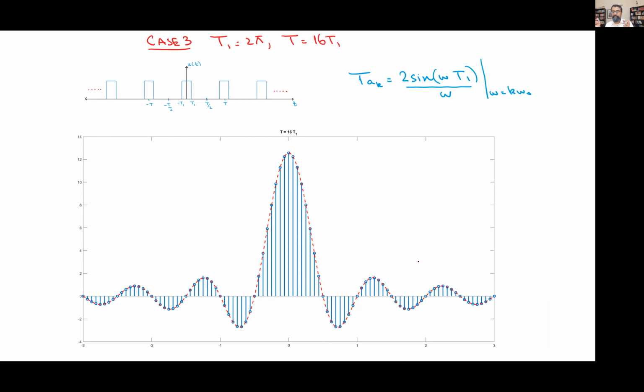So T1 and T are here: this is T1 and this is T. Okay? So T1 stays constant and I keep on increasing capital T. As I keep on increasing capital T, the frequency content becomes closer and closer, or the stem plots start compressing.